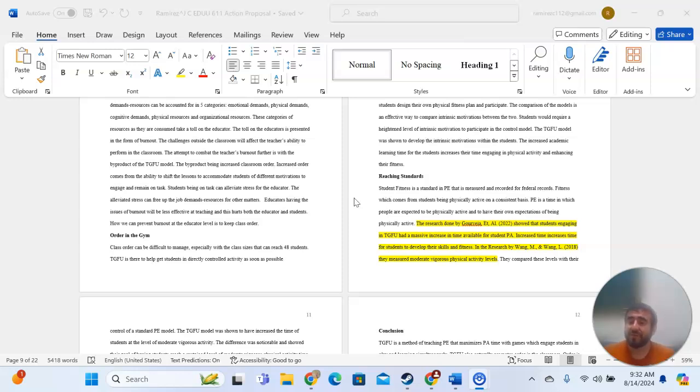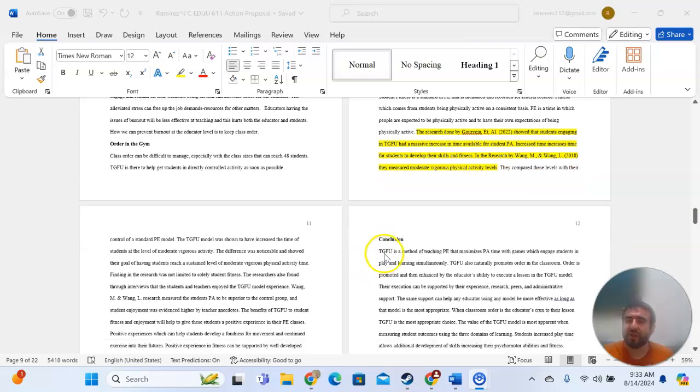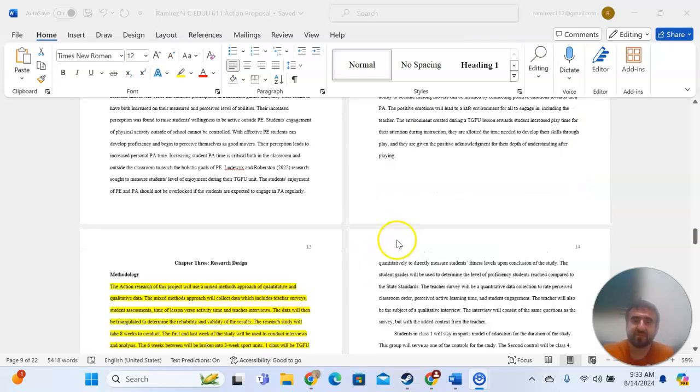But through the use of modified games, students are encouraged and incentivized to participate fully in the games and get to that moderate to vigorous physical level. For those who may not know, that's like when you remember heart zones or fitness zones. That's what we mean. Moderate to vigorous activity is where students' fitness levels are rising and they're getting better at things.